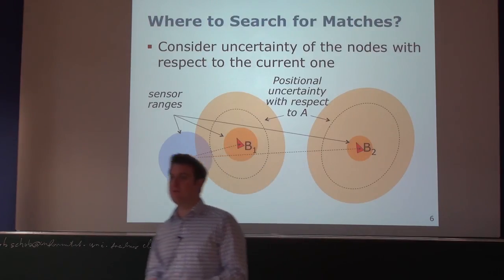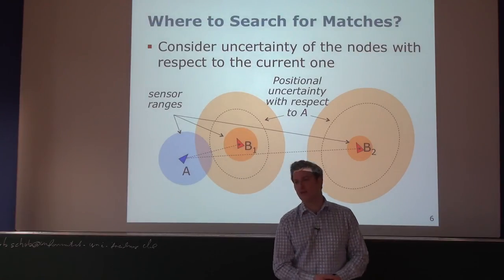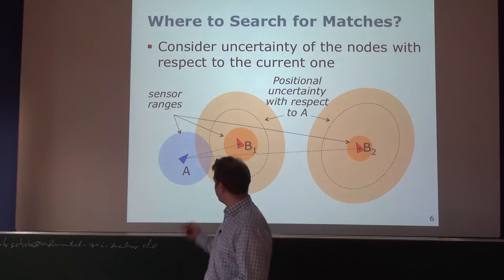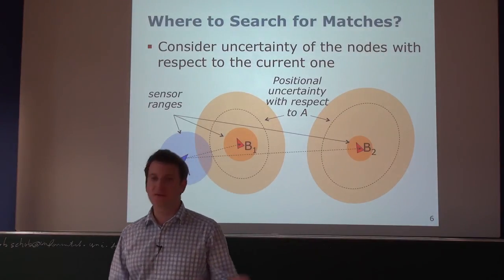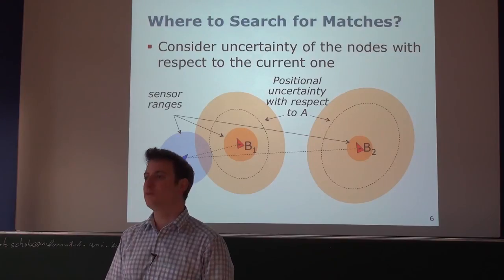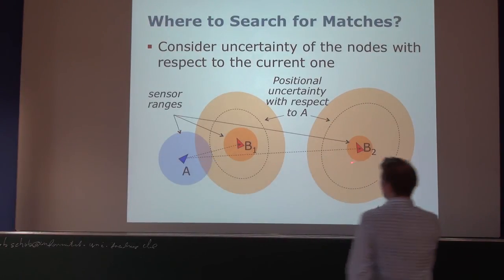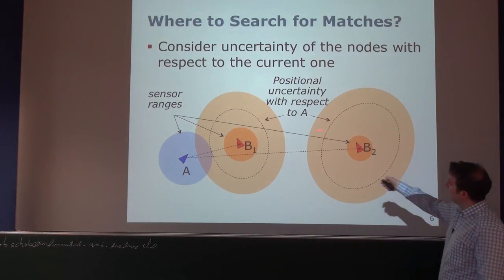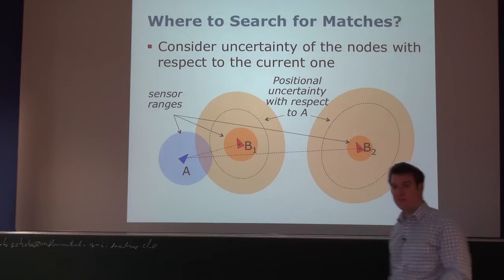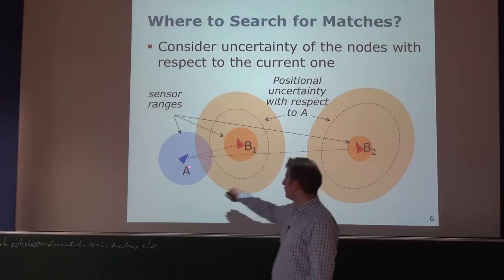I may see the same feature descriptors or whatever I'm looking at, and I can argue that I may need to check if A and B are seeing the same part of the environment in order to look for loop closing constraints. In contrast, if I look at B2, I can say the uncertainty of B2 extended with the visibility range of my sensor by no means overlaps with A.